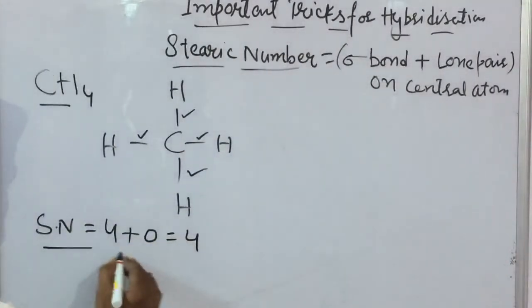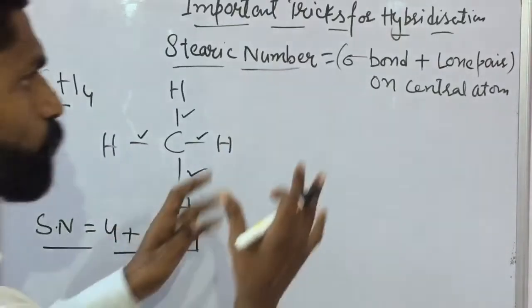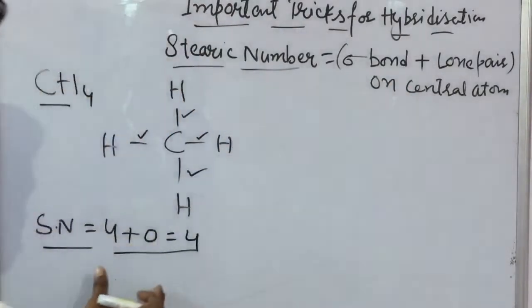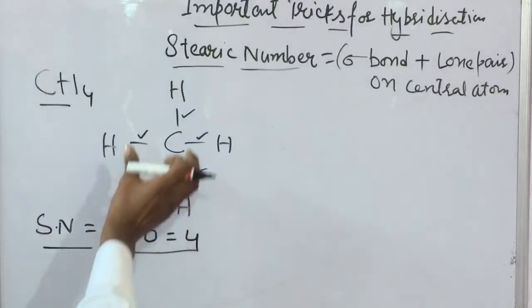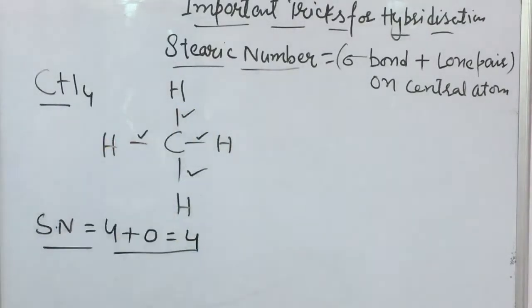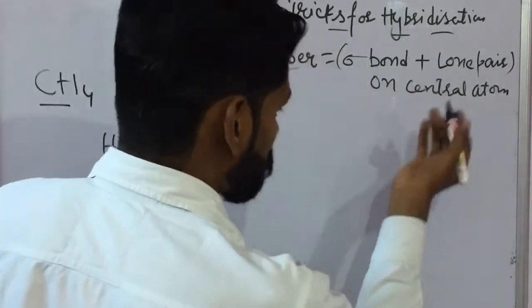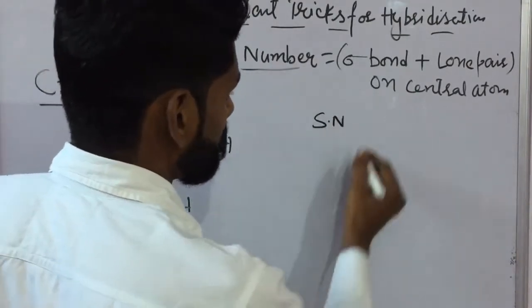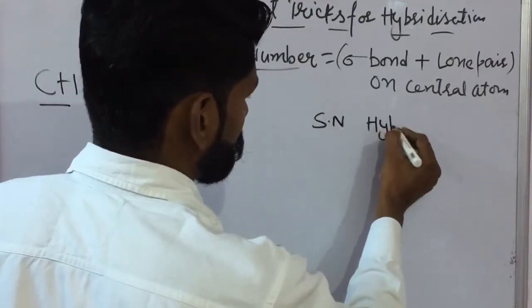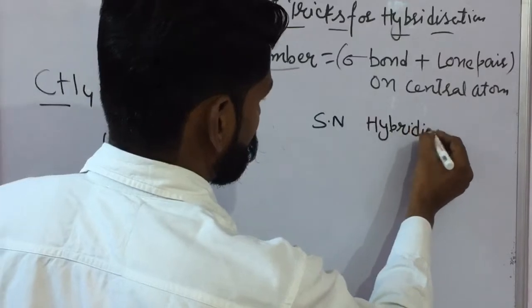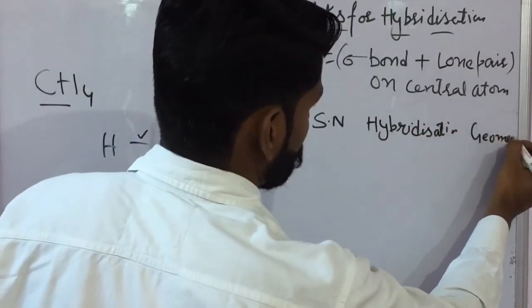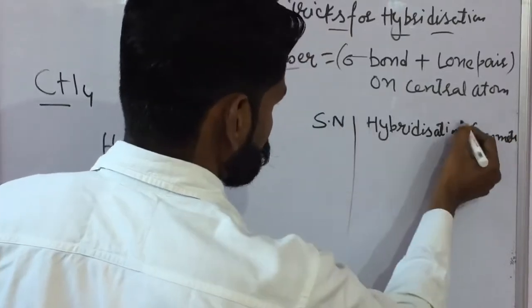After calculating the steric number, we have to draw a table. With the help of that table, we can easily find the hybridization of the structure. So let us draw a table with steric number, hybridization, and geometry.